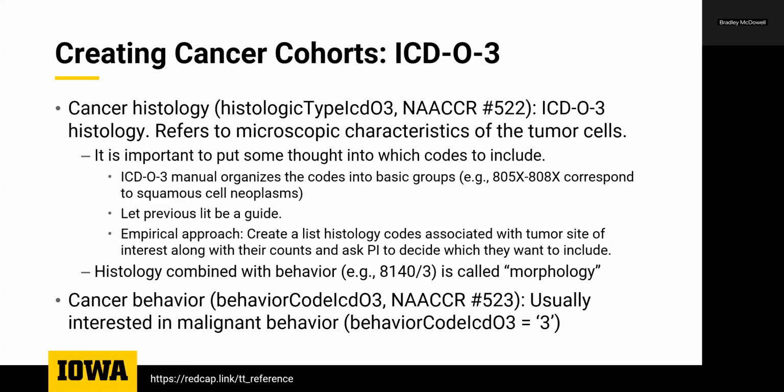And so one of the things on the website, the links, is actually a list of histology codes with descriptions there. You can download it. You can link it with your own distributions and determine which ones are commonly found, which ones aren't, and then your colleagues can pick it out.